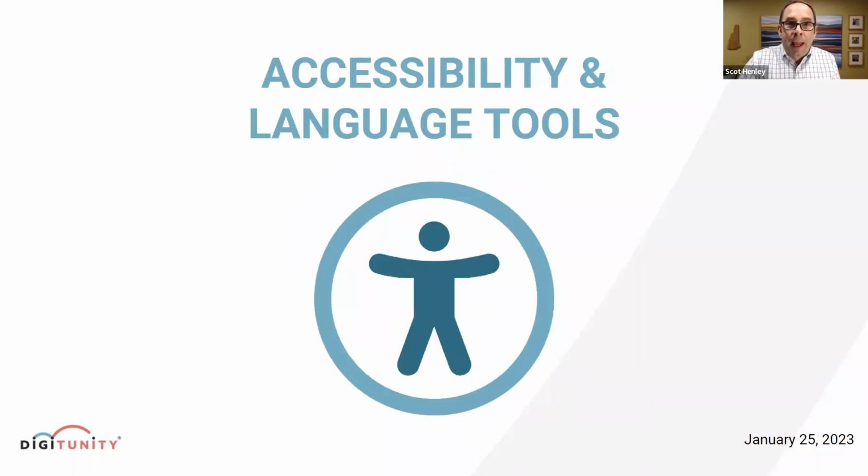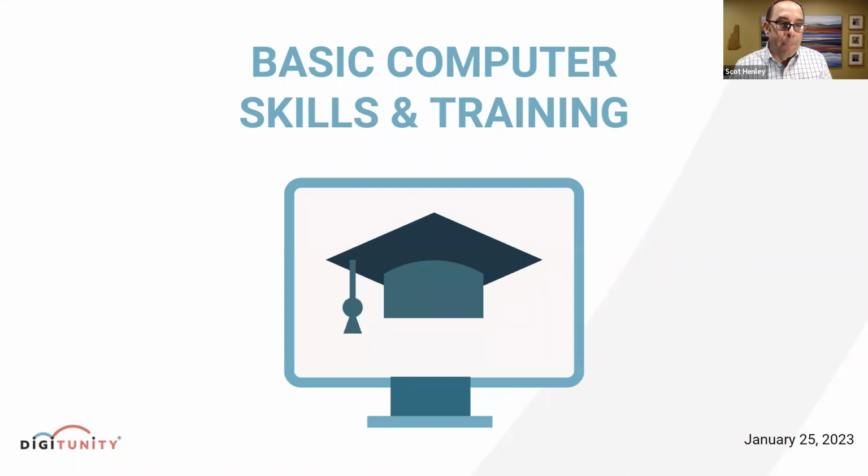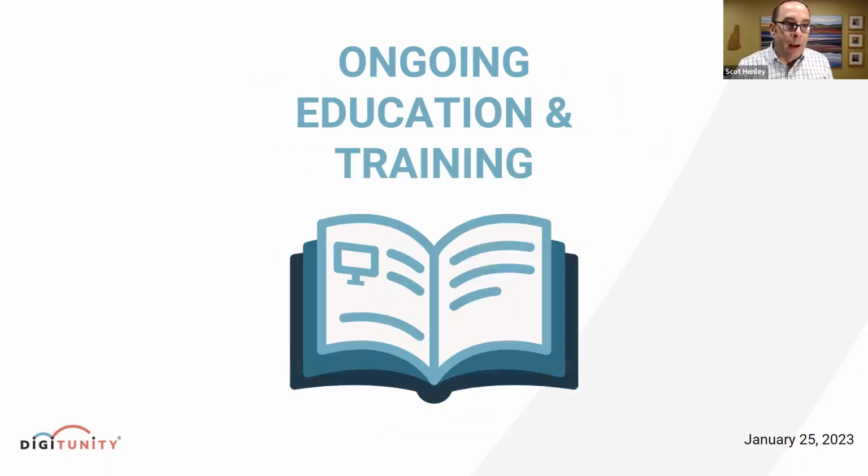And then accessibility and language tools, for if English is not the first language, or if you need special assistance with vision or with audio, what have you, special populations require special adaptations. And so that's another factor. And then, of course, we get into just the skills, basic training, basic skills to know how to do word processing, write an email, use a browser and things like that.